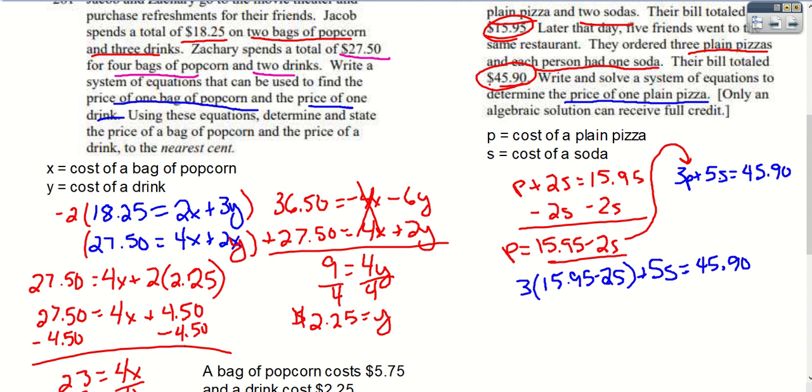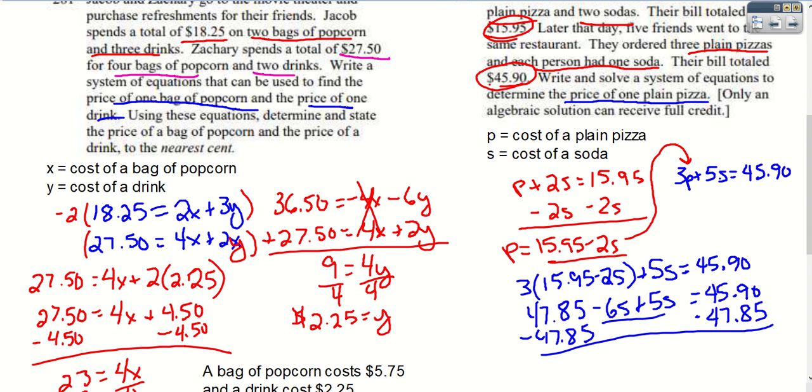So I distribute the 3 through first. So 15.95 times 3, grab the old calculator here, is 47.85. And then minus 6s plus 5s now is equal to 45.90. So I'm going to subtract the 47.85 from both sides, and I'm going to also combine like terms here, okay?